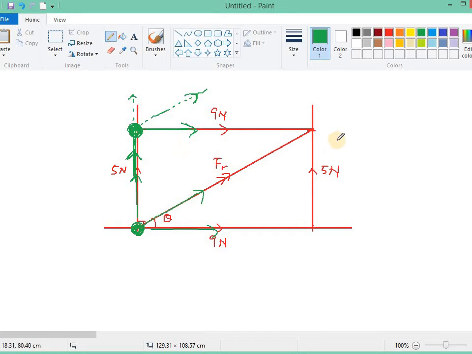And same thing also if the object is here, being pushed by 9 Newton to the right and being pushed by 5 Newton upwards. Then logically this object will also move in this direction. Same thing if the object is here, let's say, being pushed by 9 Newton, being pulled by 5 Newton, then this object will also go in this direction.